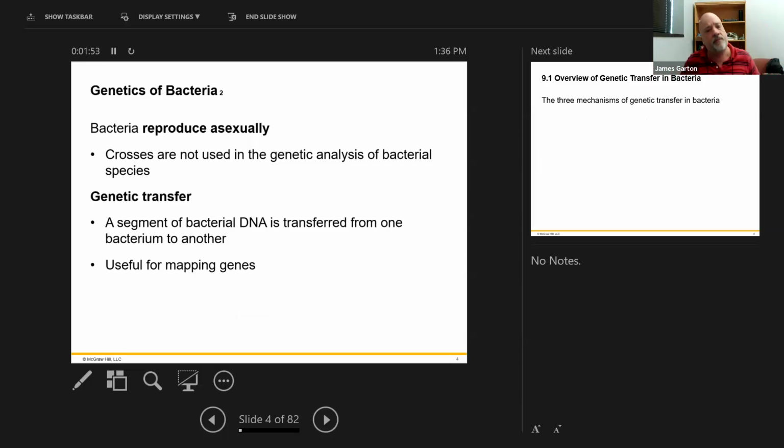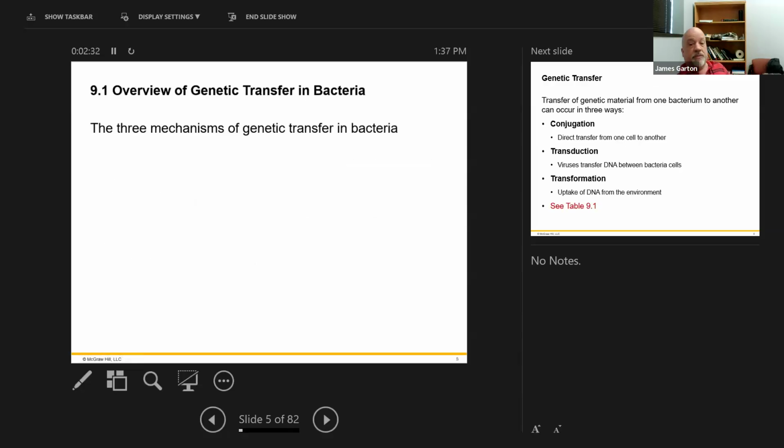Bacteria typically, we say, reproduce asexually. They reproduce clonally. And so you have to be a little bit different in how you work with bacteria. Now, we do know that bacteria can transfer DNA from one bacterium to another, and it can be of the same species, and it can be of different species. And that can be useful for locating a gene on a bacterial chromosome.